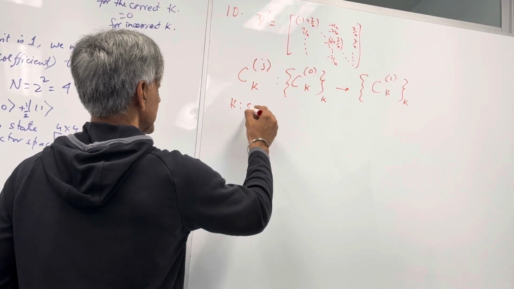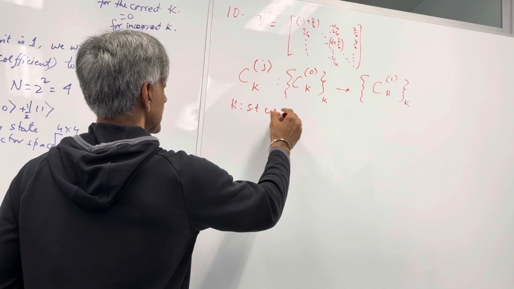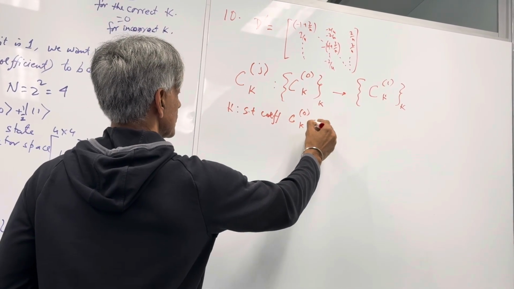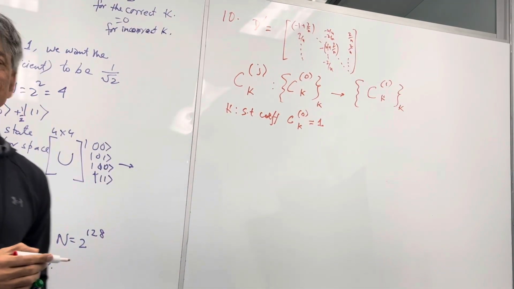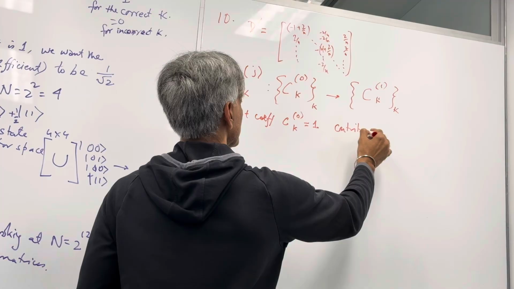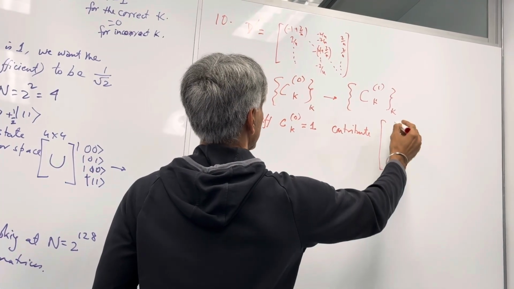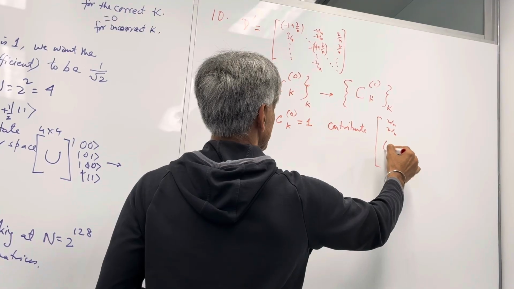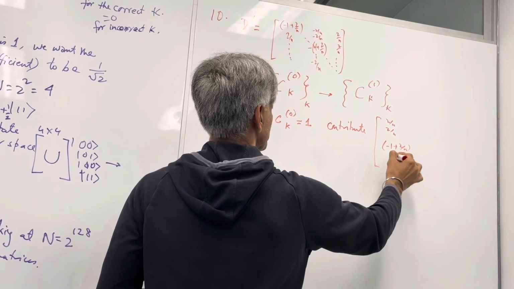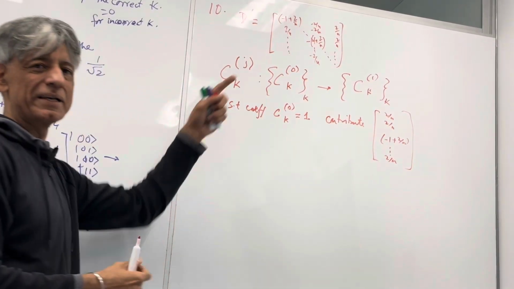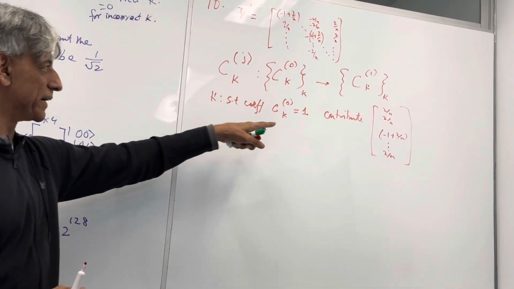k such that coefficient C0K is 1, contribute this kind of a column, 2 by N, 2 by N, and there is this -1 plus 2 by N at the exact index, whatever that k is.